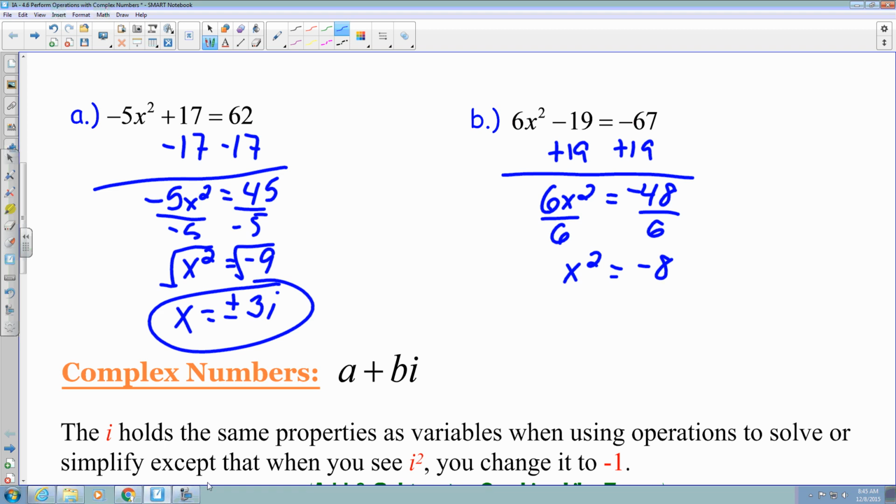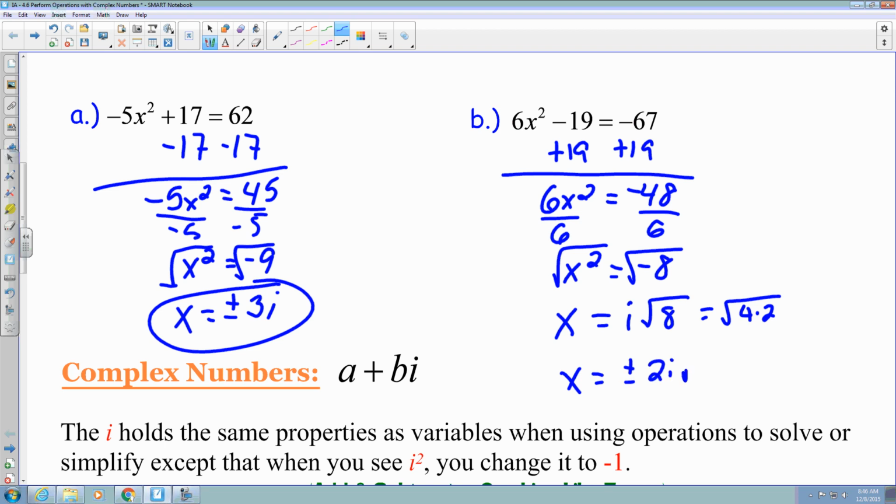Going through the process, if I take the square root of both sides, we'd have a negative, so we know it's going to be dealt with using the value of i. The square root of x squared gives us x, and I'm just going to take out the negative, put i on the outside, and have the square root of 8. But the square root of 8 can be simplified. It's the square root of 4 times 2. 4 is a perfect square number. The square root of 4 is 2, so your answer for this is going to be plus or minus 2i times the square root of 2.